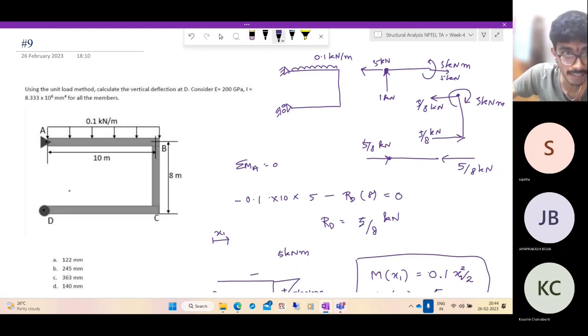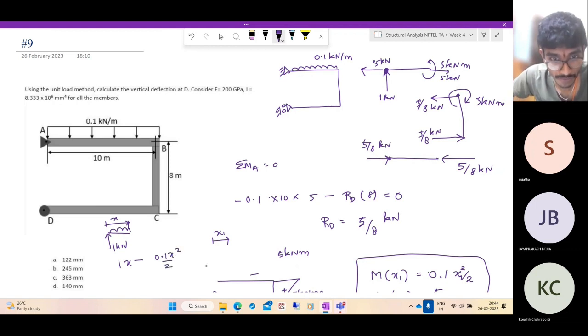So the correct expression is, if you draw the free body diagram here, you have 1 kilonewton at a distance x, and you have this. So it is actually 1 x minus 0.1 x square by 2. So it's like this.